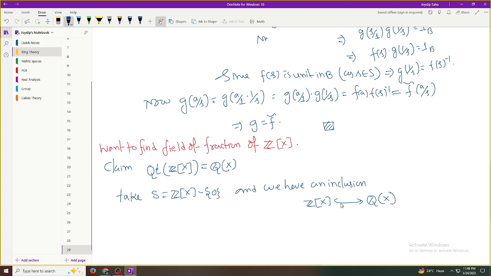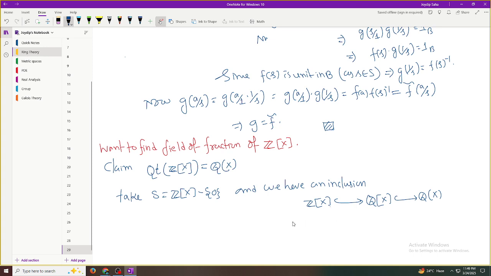Okay, Z[x] into Q[x]. This is the inclusion. What is the inclusion? I should write one more line, Q round bracket x. Now the field of fractions of Q[x] is Q(x). So you have the total inclusion here to here.